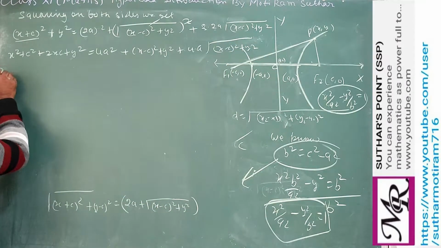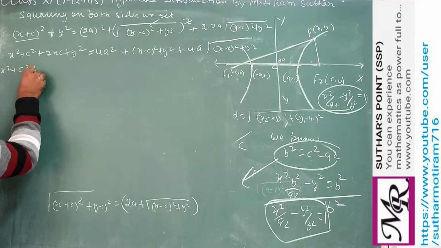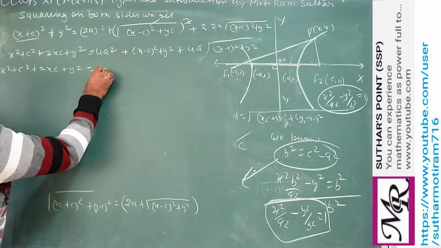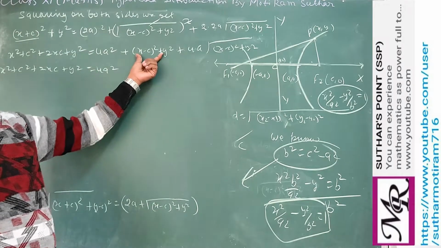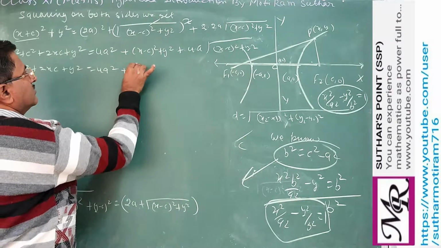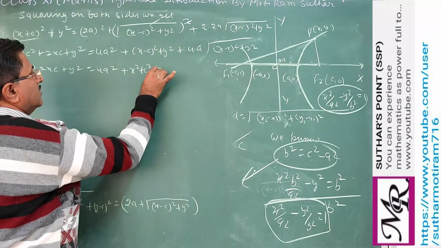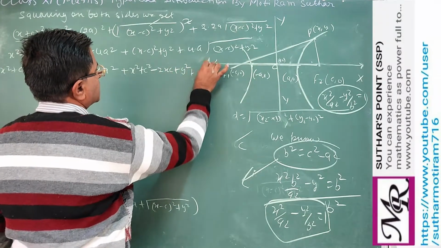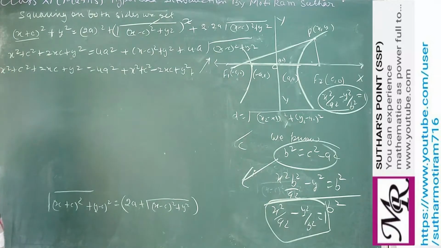Now we open (x minus c) whole square: x square plus c square minus 2xc plus y square, plus this term 4a root of this.